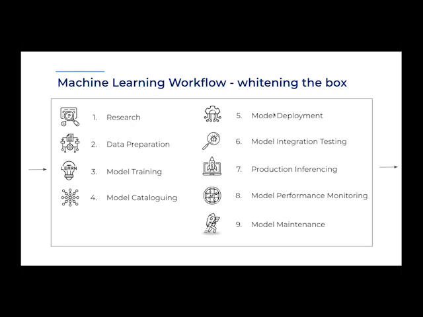As traffic inferences our model, we need to constantly monitor not only latency and some system metrics like CPU and memory, but rather model quality, its accuracy that is changing over time, and other interesting aspects like domain drift or data drift. And model maintenance goes next. It's one of the crucial components of the whole life cycle.